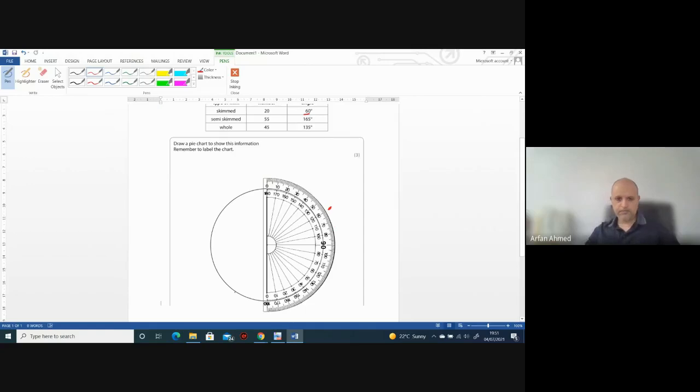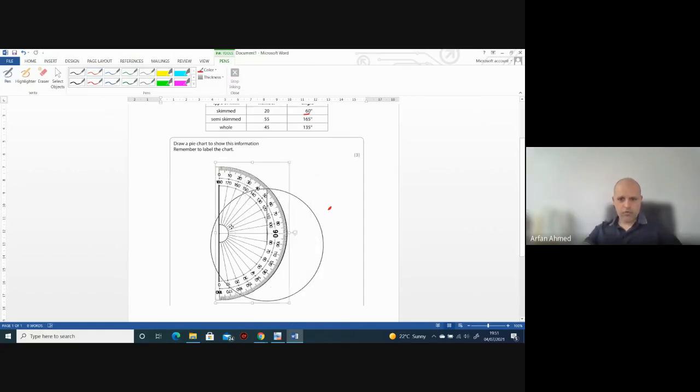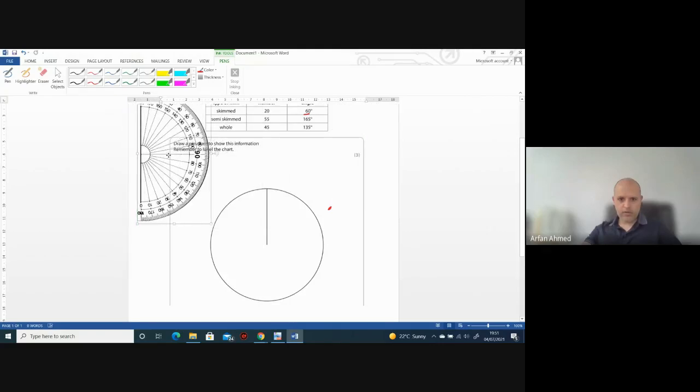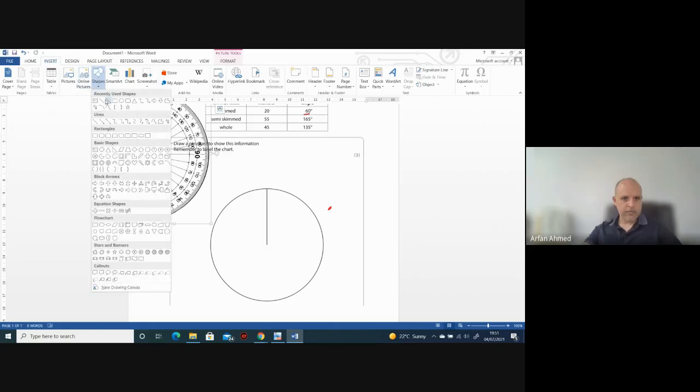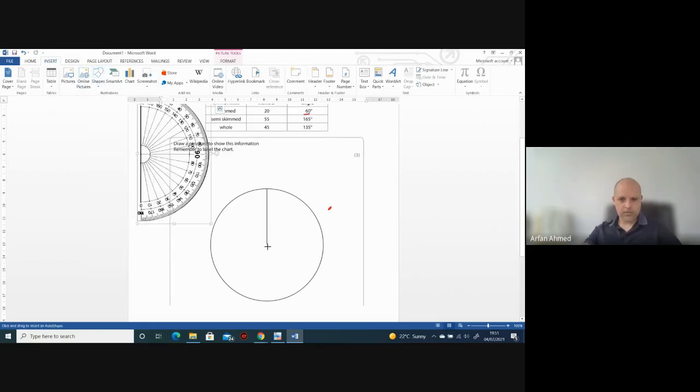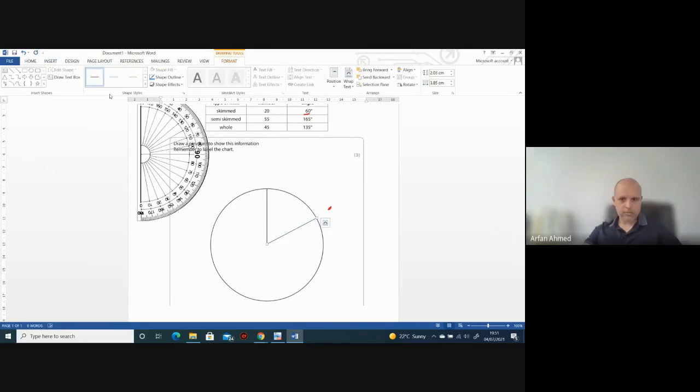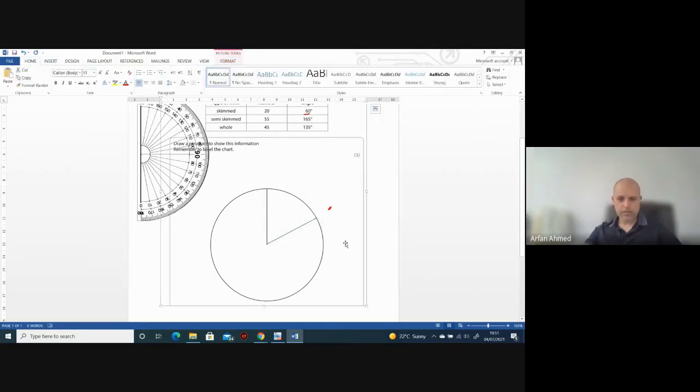It's about there. Remove your protractor out of the way, and you're going to need a straight line. How am I going to do this? Let's see. It's a bit fiddly with this, but let's try it this way. Straight line from the center to that mark you just made. So from there to there. Let me make that thicker. There you go. Yep, and label that.